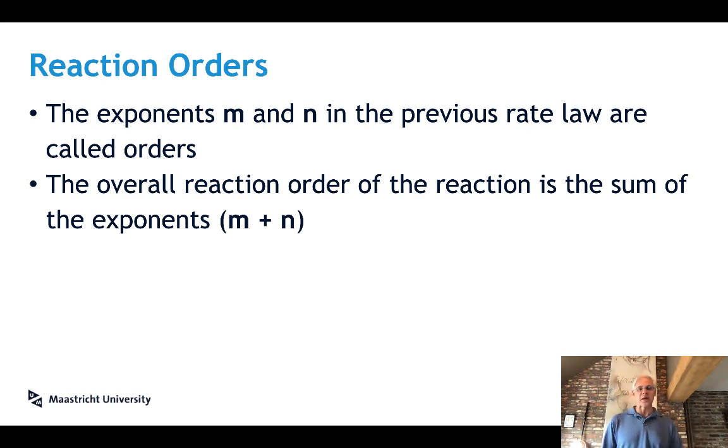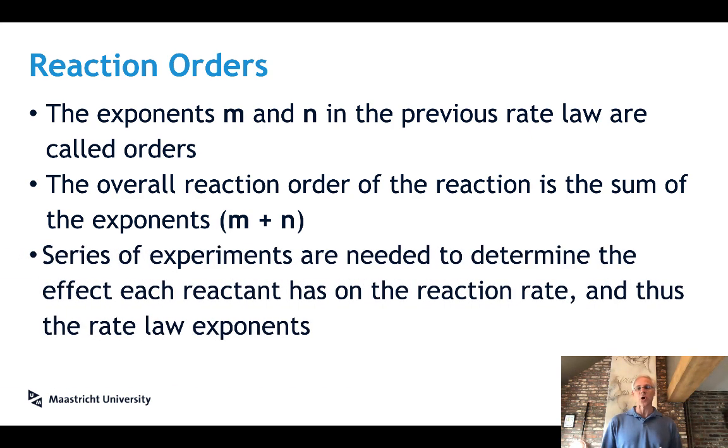It's not really something that comes up very often, but you just need to know that sometimes people do that. So how do we find those values of m and n if they're not related to the coefficients of a balanced reaction? Well, we need to do some experimentation. We need to do things that are called rate law experiments, and we'll talk about those.